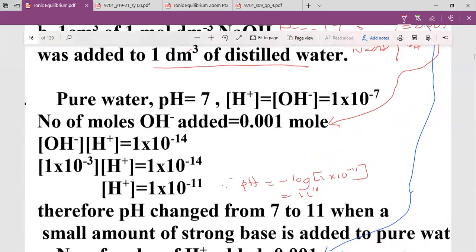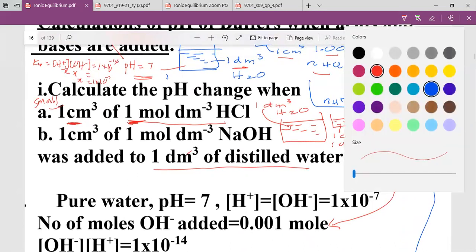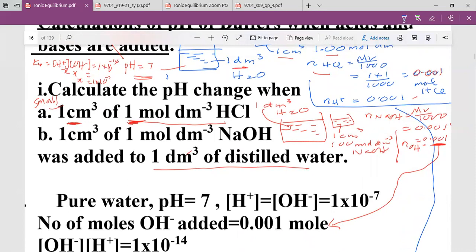Now, if I put alkali inside, I'll mark it blue so you can distinguish it. 1 cm cube of 1 molar NaOH, a small amount of a strong base. Same thing here. The number of moles of NaOH is MV over 1000, which is 0.001, of course.